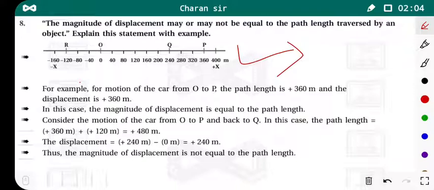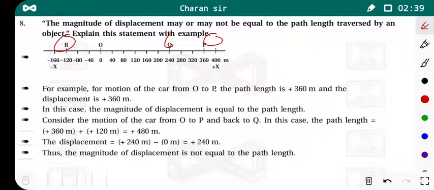So here our frame of reference has only one axis, that is the x-axis, and on this axis we take O as the reference point with position coordinate 0, and all values on the right-hand side are positive, all values on the left-hand side are negative. Also here P, Q and R give the different positions of the object at different intervals of time.